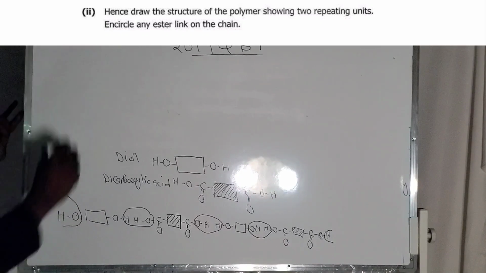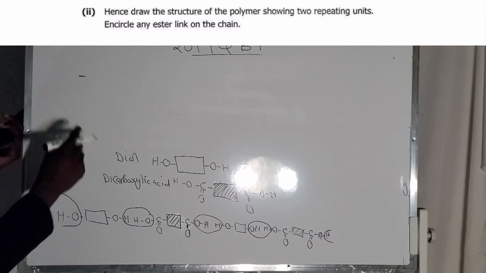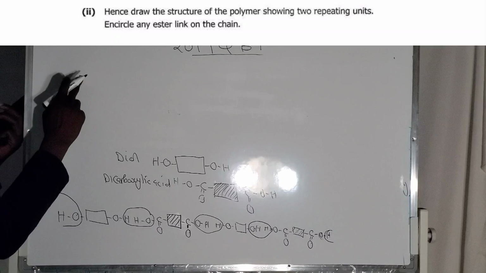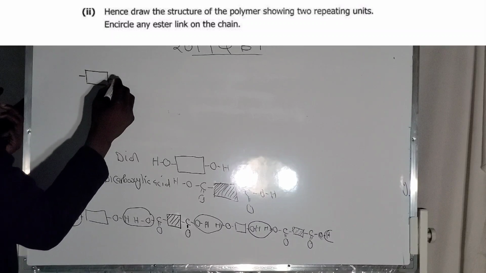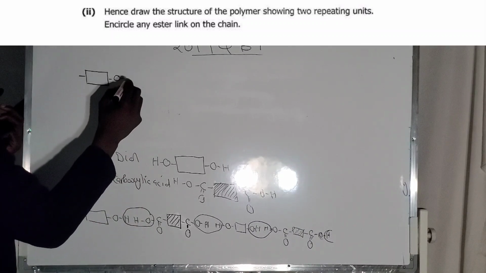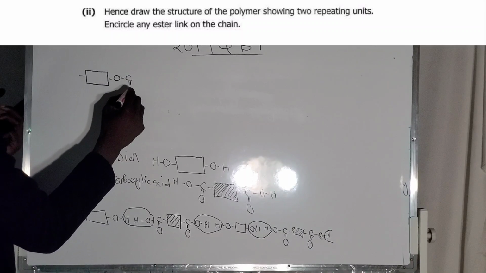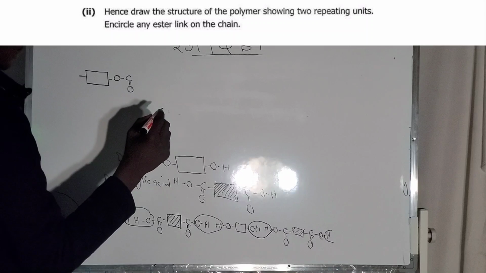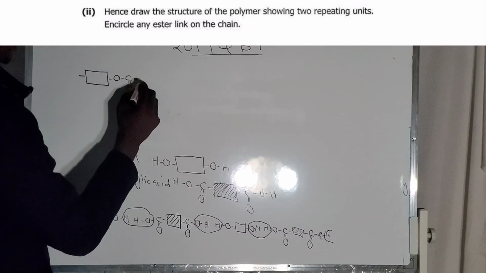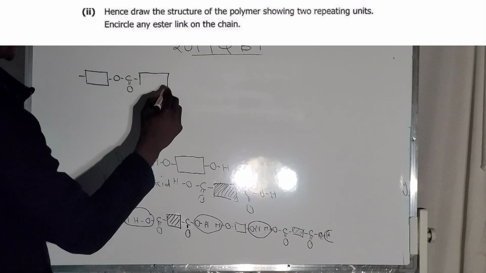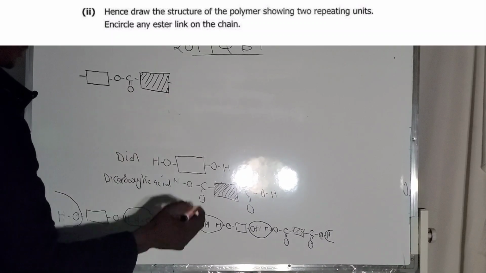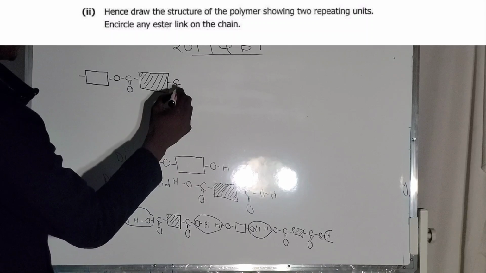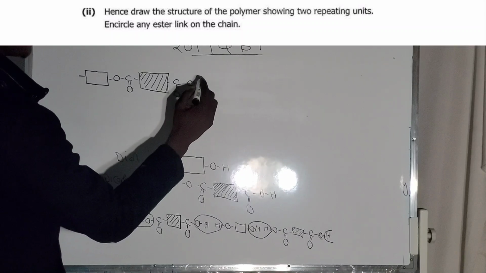You start with this, showing that other molecules can still attach to it. This is the final result. Oxygen attached to carbon, then double bond, oxygen, and this one is shaded. Then you do the same here: carbon, double bond, oxygen, attach this one like this.